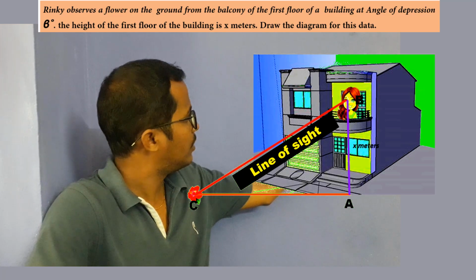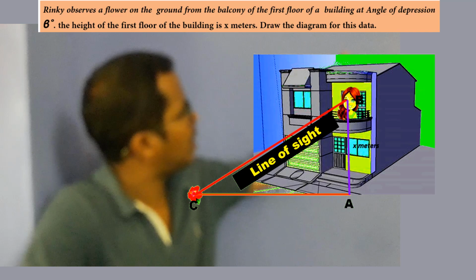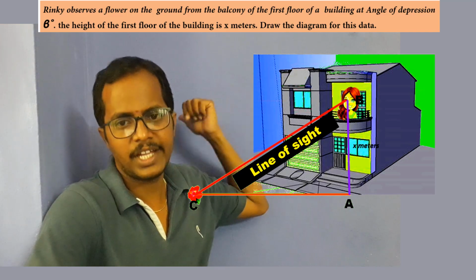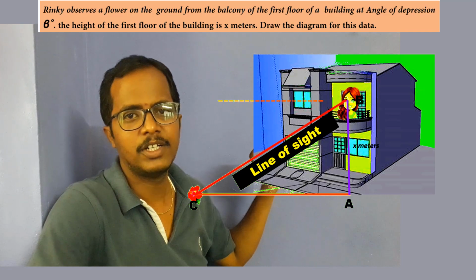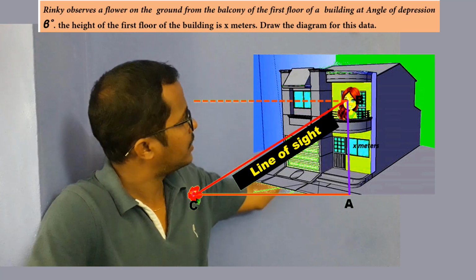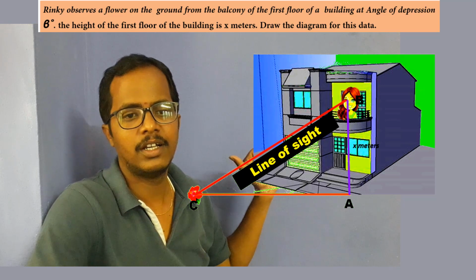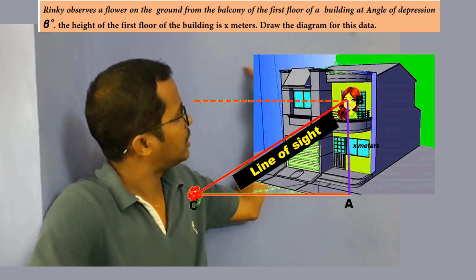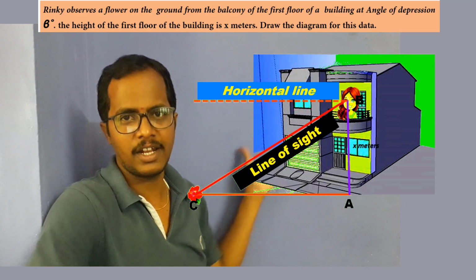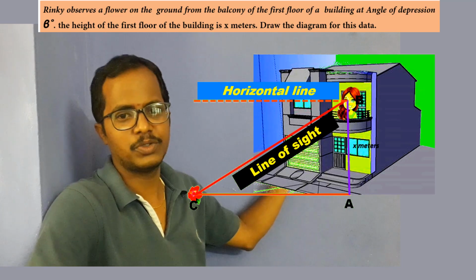Now here we have the line of sight, and from the observer we need to draw one more line segment, that is the horizontal line. So let us take the horizontal line from the observer's eye. Now this is the horizontal line and this is the line of sight, and between these two an angle is formed.